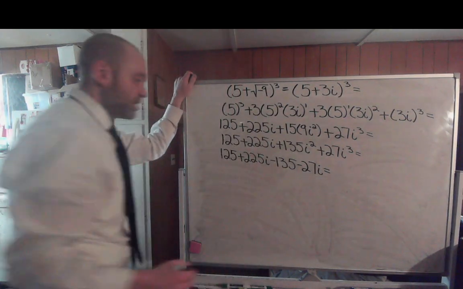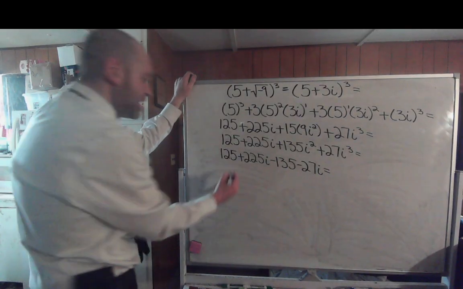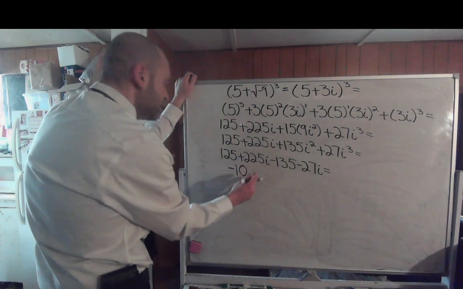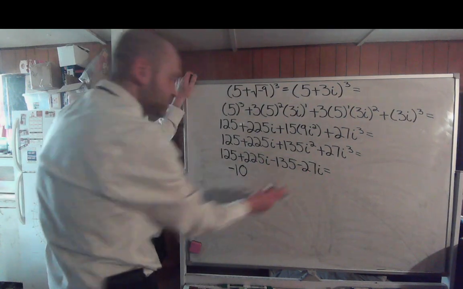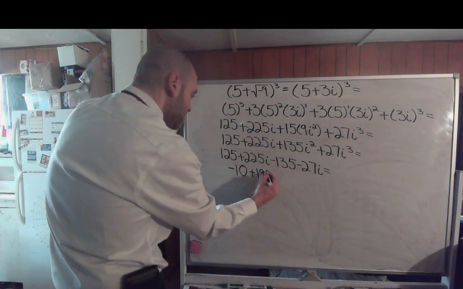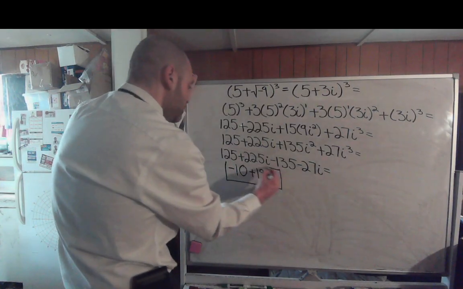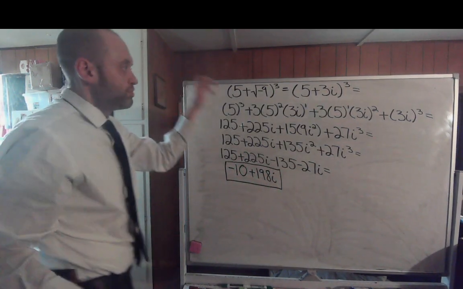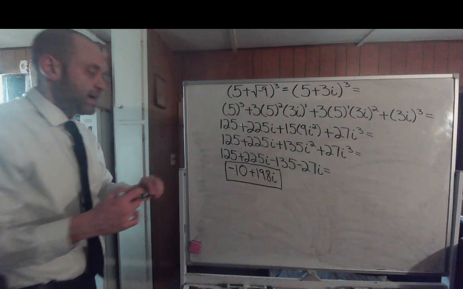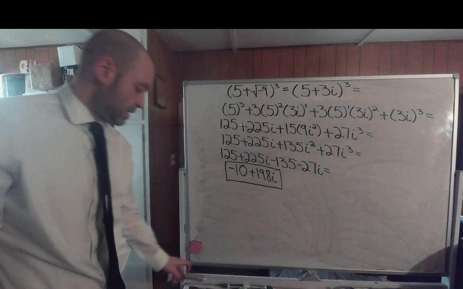So let's go ahead and write this in standard form. 125 minus 135, that's negative 10. Then 225 minus 27, that would be plus 198i. So in standard form, 5 plus 3i raised to the third power turns into negative 10 plus 198i.